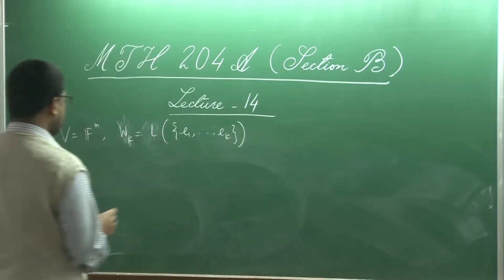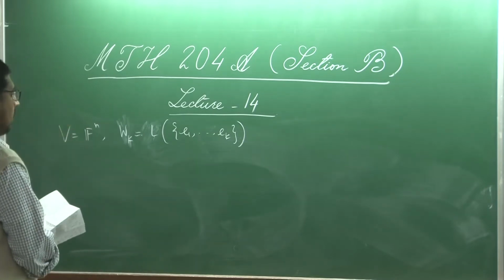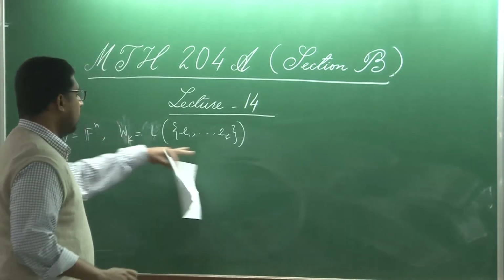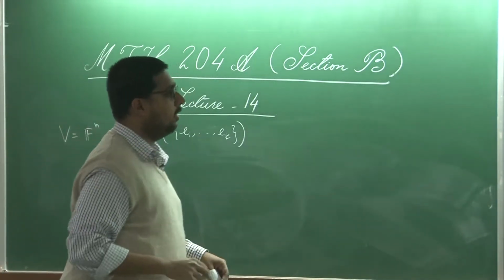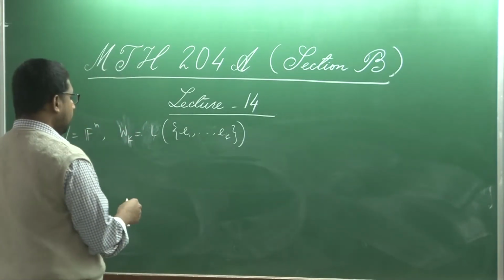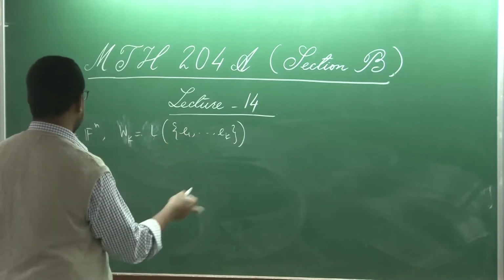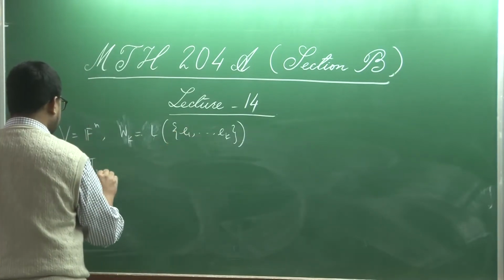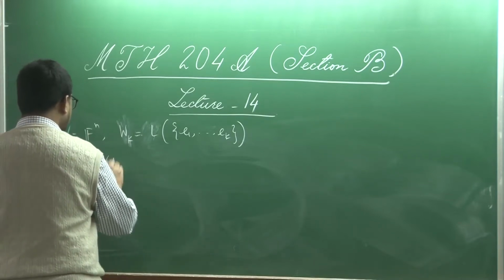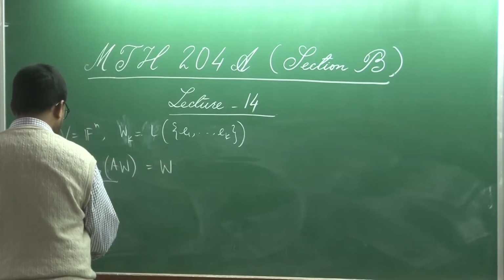So what are the transformations? What's the stabilizer of this subspace? A typical element in this AGL(V) will be of the form T_v times A. So T_v times A applied to W has to be W. What is this?